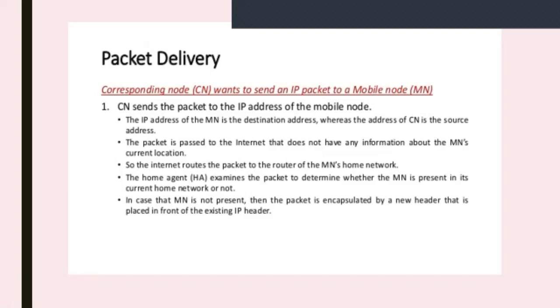The packet is passed to the internet, which does not have any information about the mobile node's current location. So, the internet routes the packet to the router of the mobile node's home network.